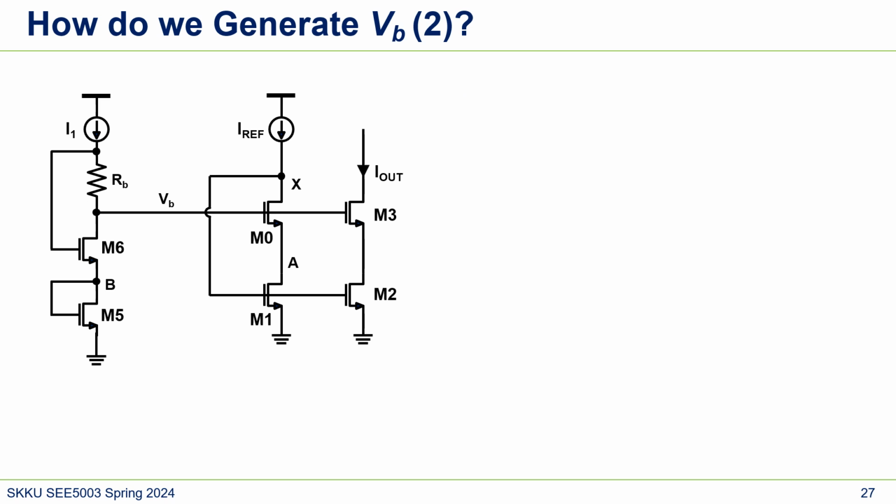Our goal is that we want VA to be VGS1 minus VTH1 here.